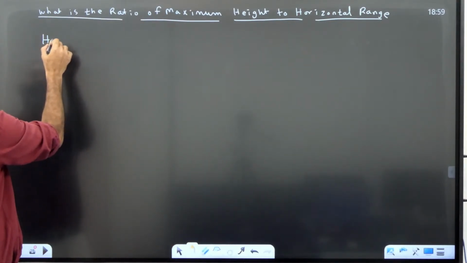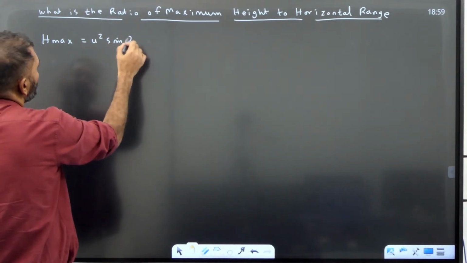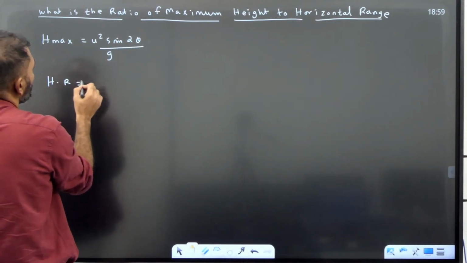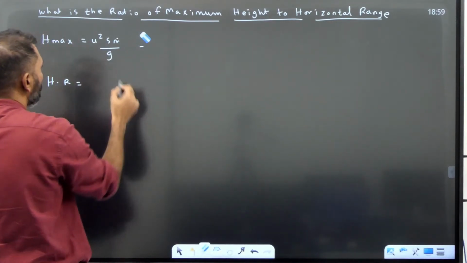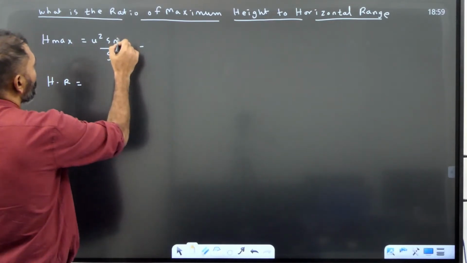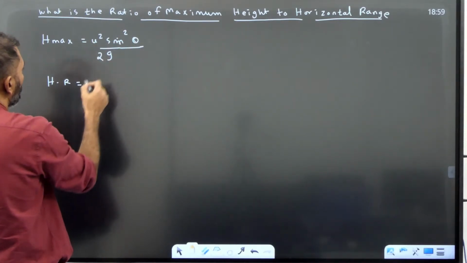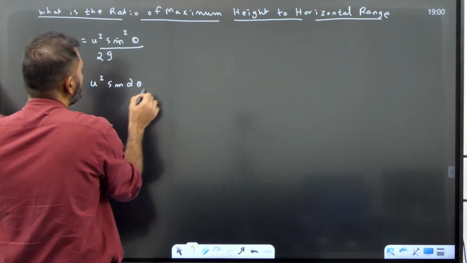H max is equal to what? Sorry. H max is u square sine square theta by 2g. Horizontal range is u square sine 2 theta by g.